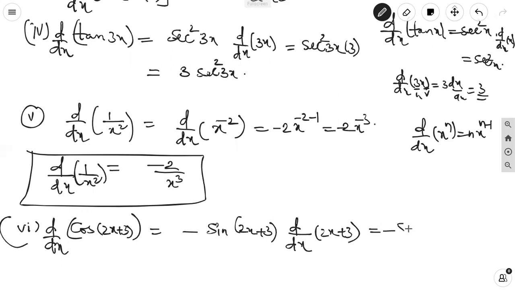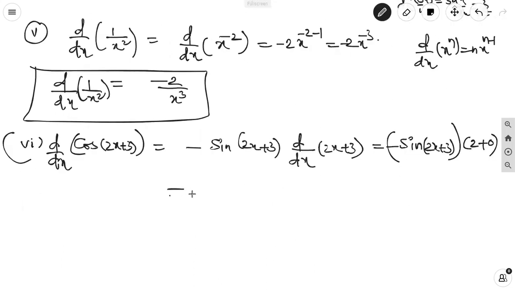It is equal to minus sine of 2x plus 3. The 2x derivative is 2, plus the 3 derivative is 0. So it is equal to minus 2 sine of 2x plus 3, which is the solution.